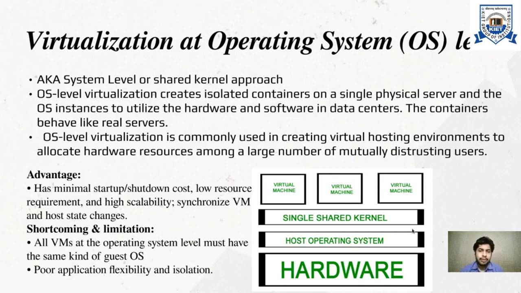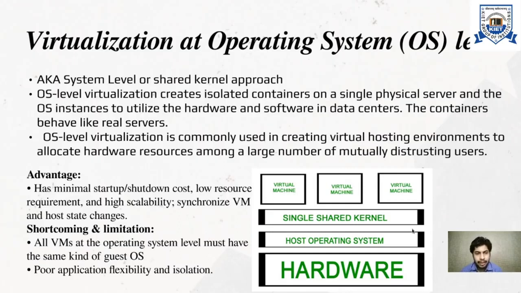OS level virtualization is commonly used in creating virtual hosting environments to allocate hardware resources among a large number of mutually distrusting users. One of the advantages of virtualization at the operating system level is that it has minimum initialization time.